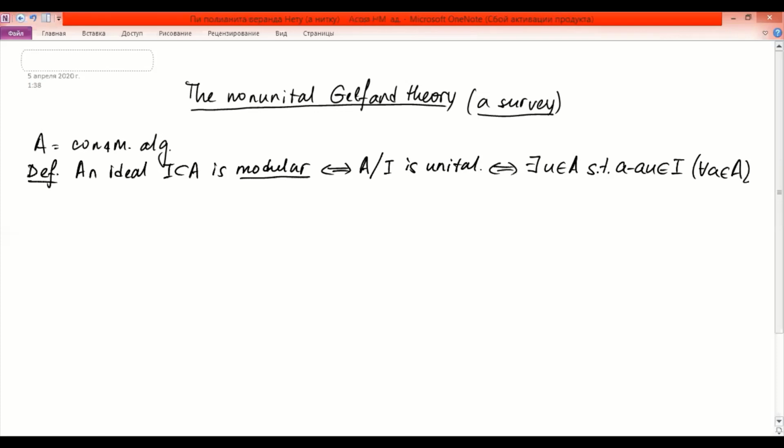This u is an element whose class modulo I is the identity in the quotient of A modulo I. So the collection of all maximal modular ideals is denoted by max of A and is called the maximal spectrum of A. So the maximal spectrum is the collection of all maximal modular ideals.